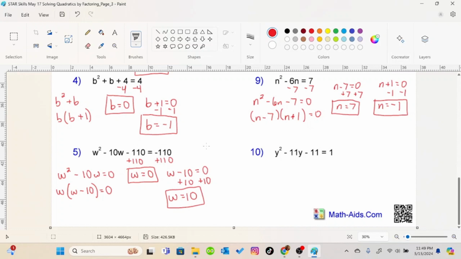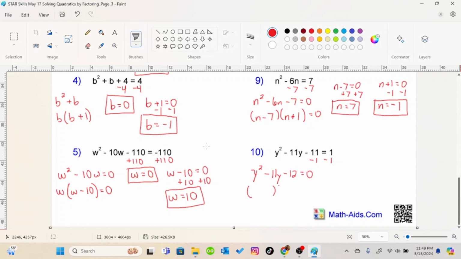And finally, our last problem, we are going to subtract 1 from both sides. This gives us the standard form quadratic equation, y squared minus 11y minus 12 equals 0.